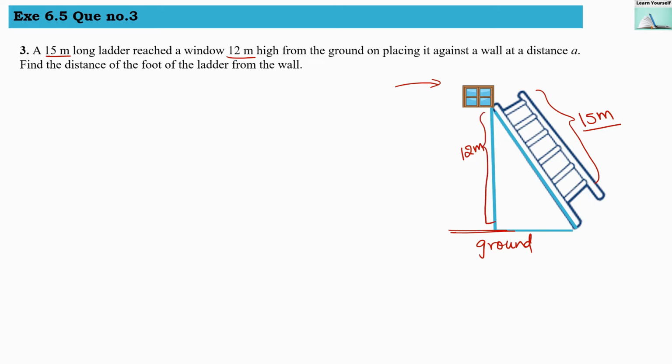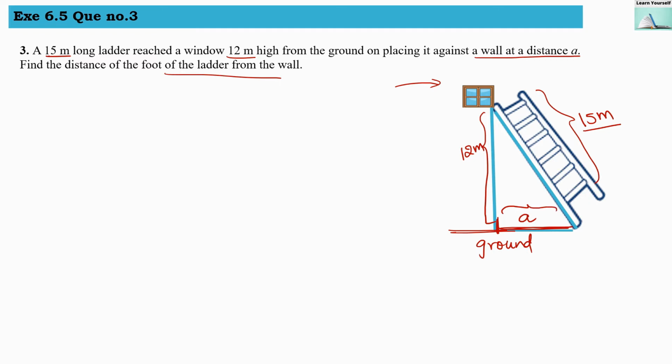Placing it against a wall at distance A. So this distance from where the wall is starting until the ladder is there, this distance is A. Find the distance of the foot of the ladder from the wall. So this distance we have to find out, which is A.